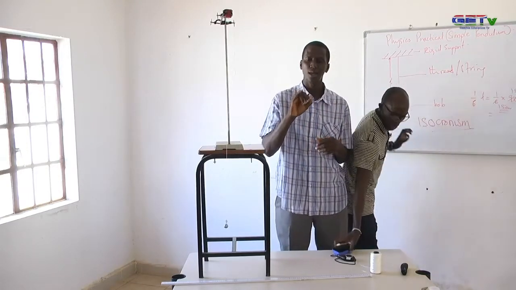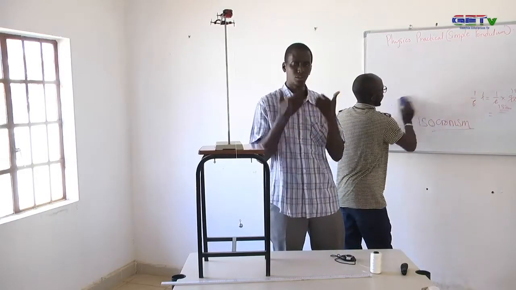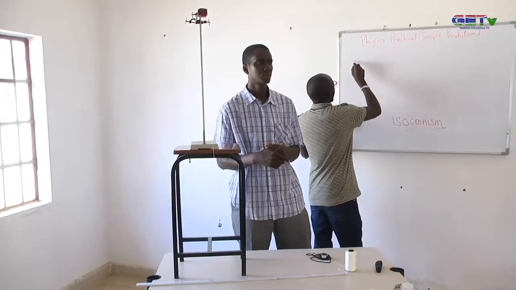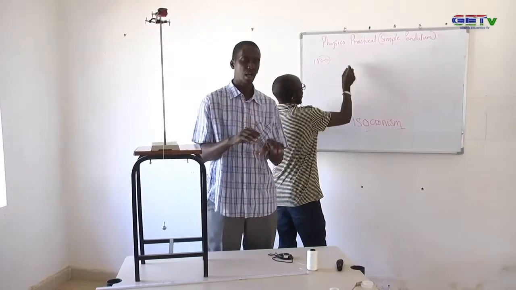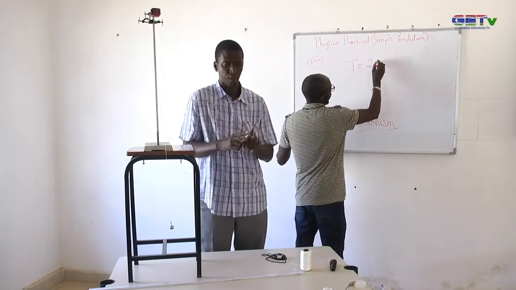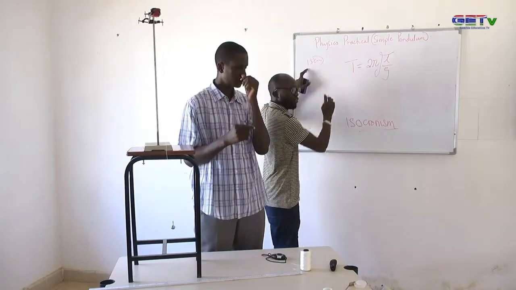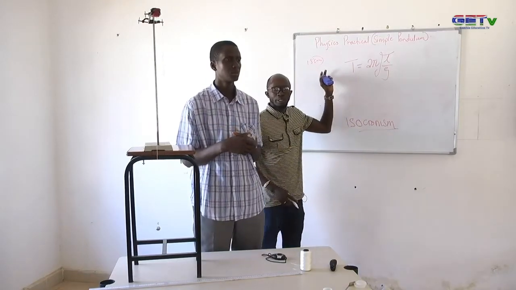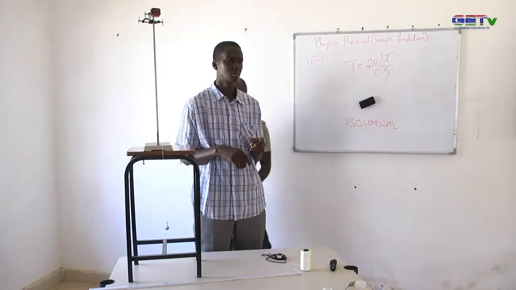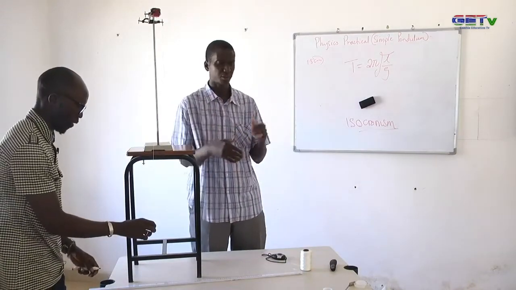If we do not obey these 15 centimeters, then we are not obeying a principle in physics, because the period of a pendulum is given as 2 pi root of L over g. And if we go beyond these 15 centimeters, then the physics is disobeyed. This equation will not hold. That is why the instructions will always clearly tell you to displace through small angles. And please don't disobey that.